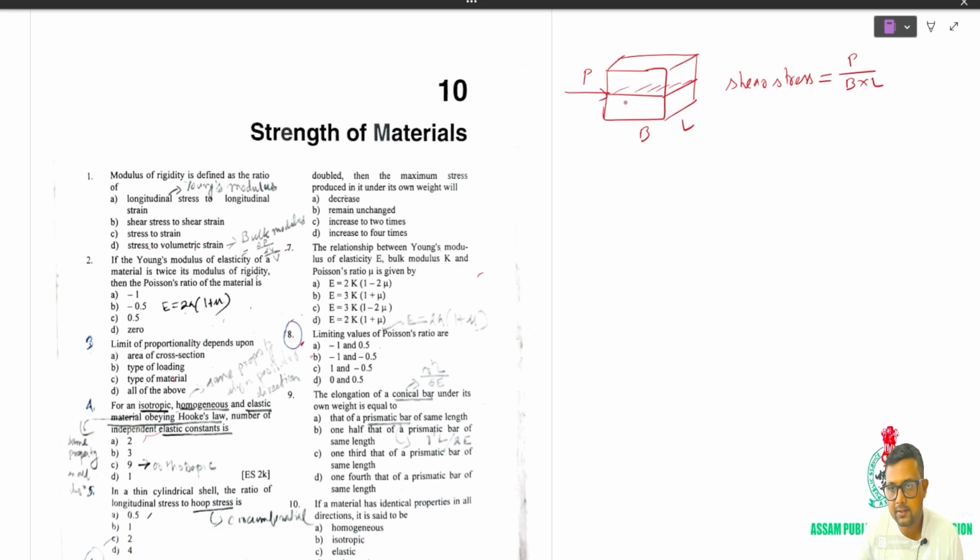Now what will happen? This surface will try to slide with respect to this bottom surface. In that case, we'll have shear strain. Suppose this is Y. You can draw again here. This is Y. This is trying to slide, so this is delta X. And this shear strain is equal to what?